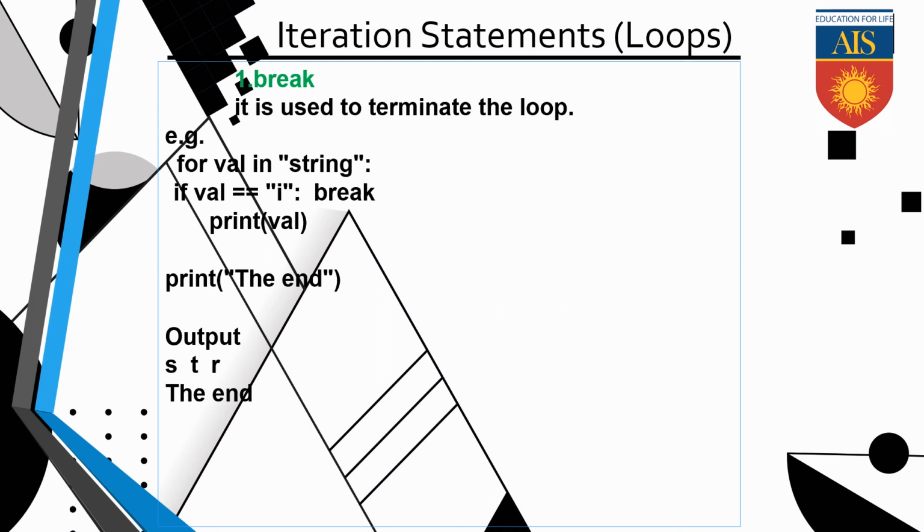Because we have assigned the value as string, and we have given the condition that when a character of the string matches with i, it will stop. After str, i is the next character, and according to our given criteria, i matches. So whenever it matches, it will stop. For that reason, here we are getting the output only str.